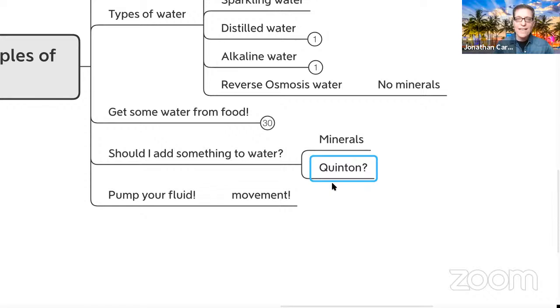There's also something called Quinton, after this guy, Rene Quinton. He was a French scientist who came up with a way of taking the minerals from seawater and making a fluid replacement that apparently saved many lives over 100 years ago, I think.